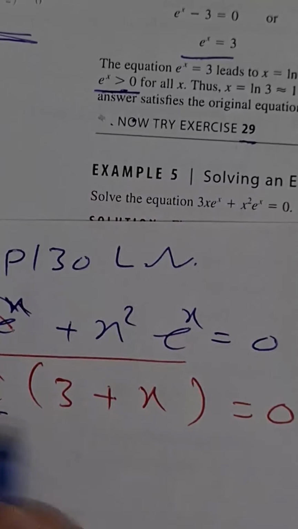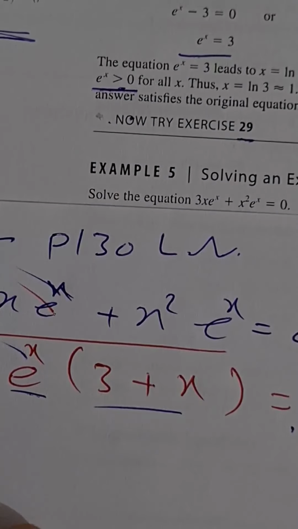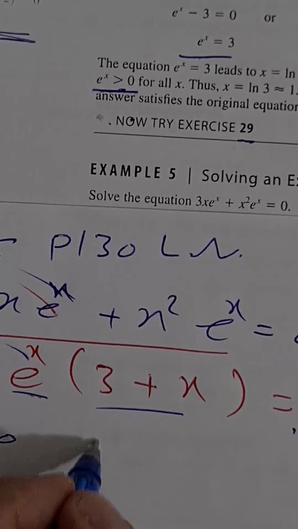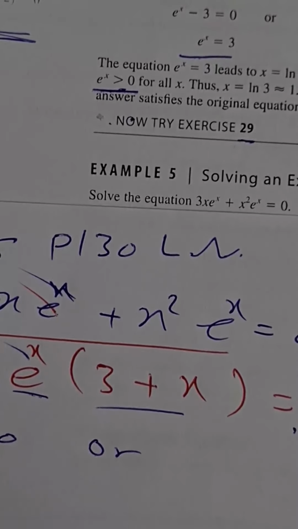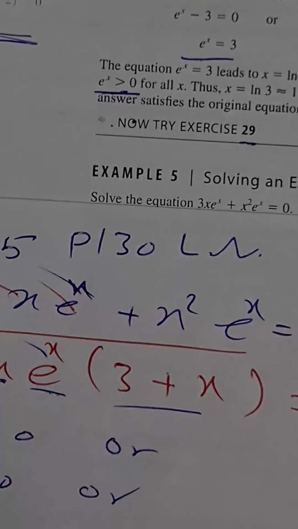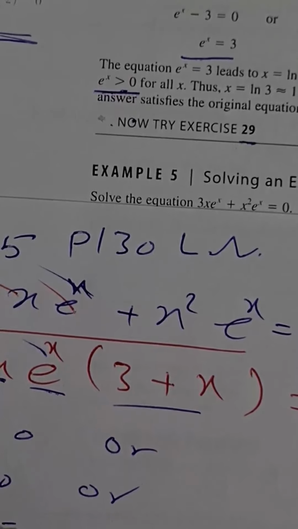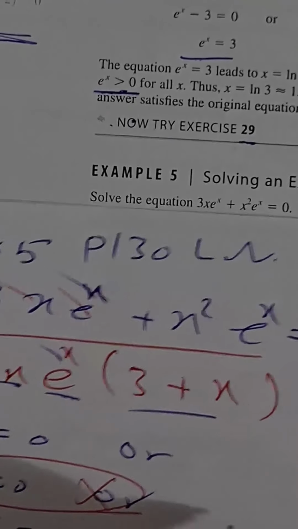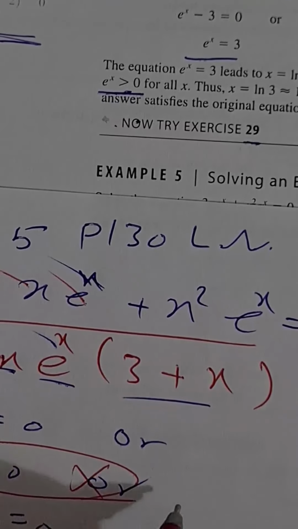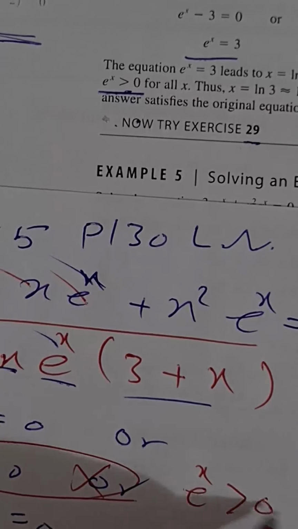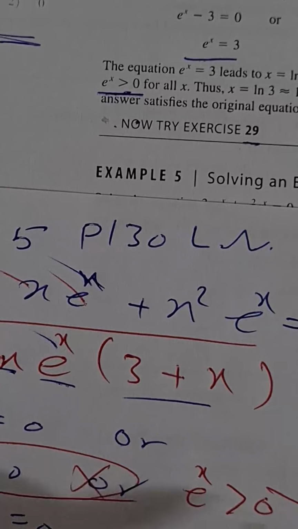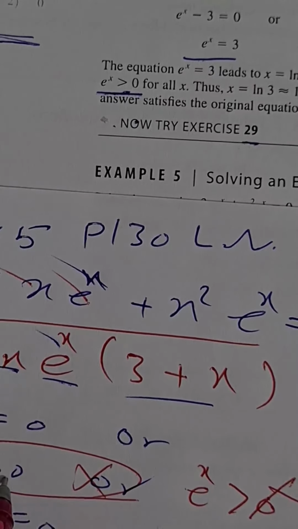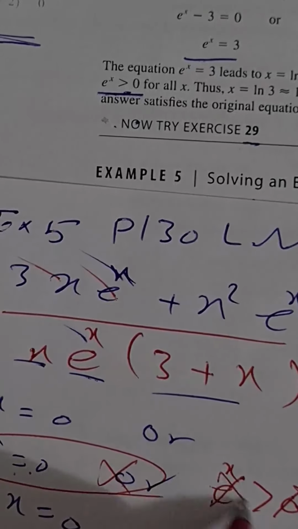So I have a times b times c equal to 0, which means x is equal to 0, or e to power x is equal to 0, or 3 plus x is equal to 0. We will cancel the e to power x one. Why did I cancel this one? Because we say e to power x should be greater than 0. That's why, if I have equal or less, we will not accept this one.